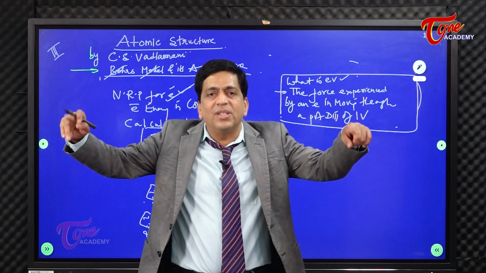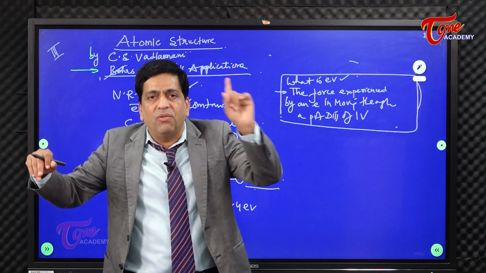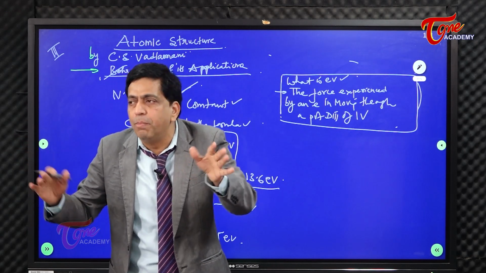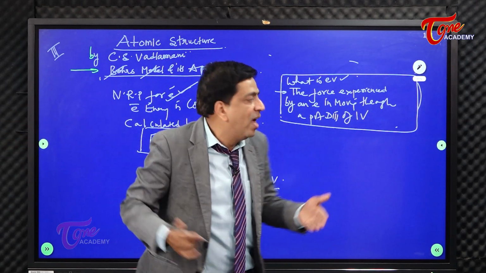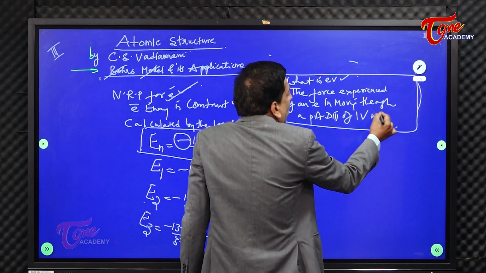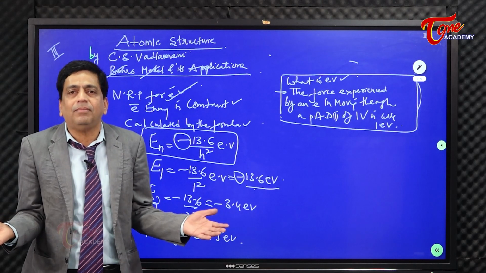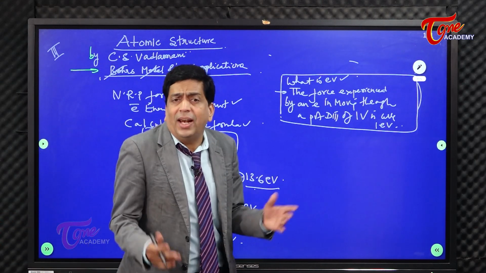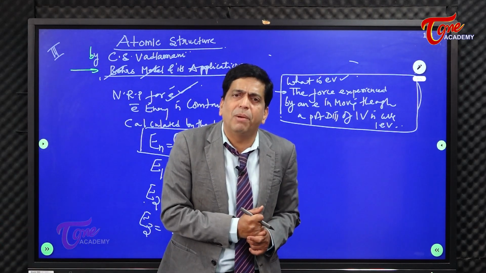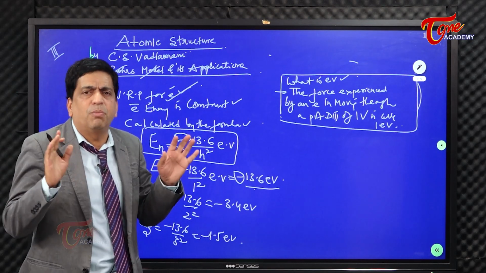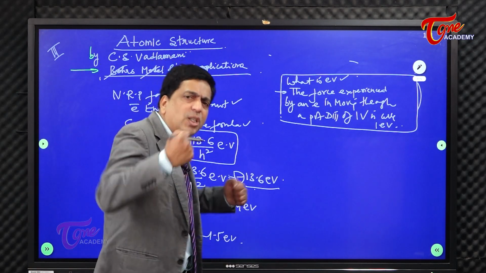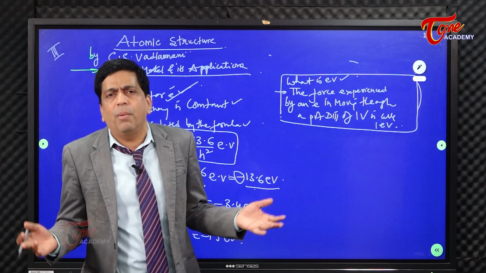If the potential difference is 1 volt, then the force experienced by the electron in moving through a potential of 1 volt is what is called 1 electron volt. That is how the definition of electron volt is. Now what do you mean by force experienced? Someone is pushing you. You're not standing at the same point and experiencing the force. You are actually moving.